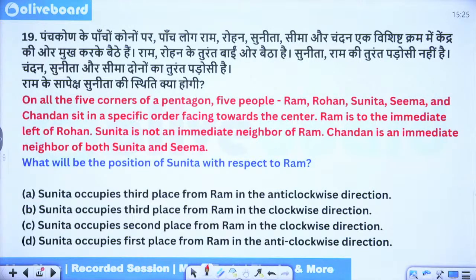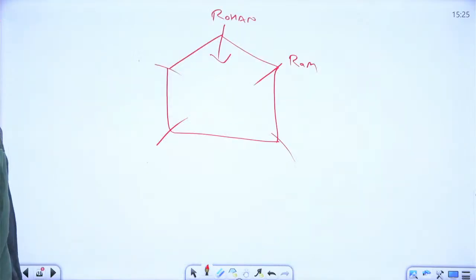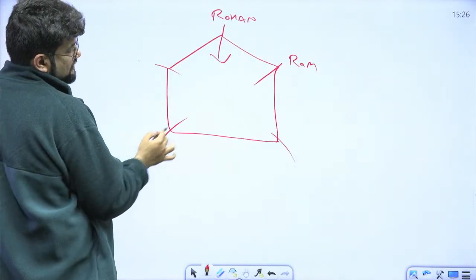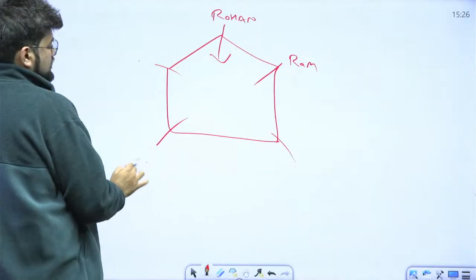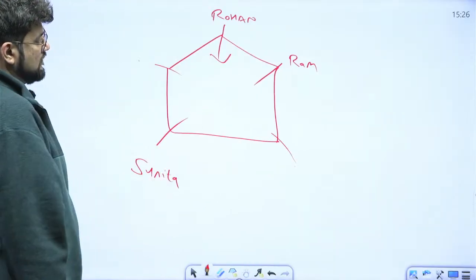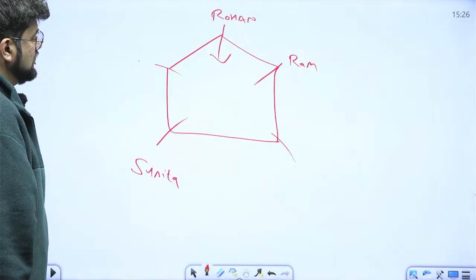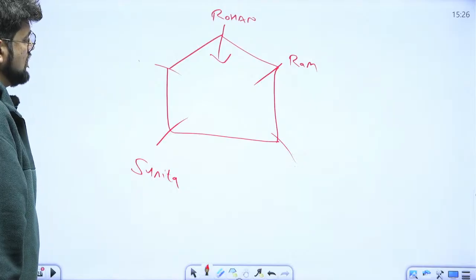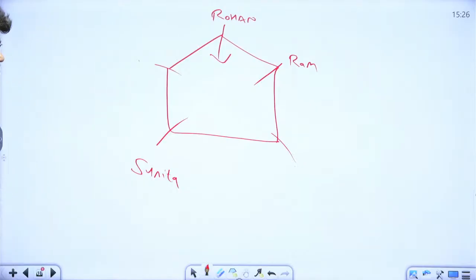Chandan is not an immediate neighbor of both Sunita and Seema. Okay. So if Sunita is here, Chandan cannot be here. But then Seema has to be here. So that means Sunita has to be here. Now how can that be possible?